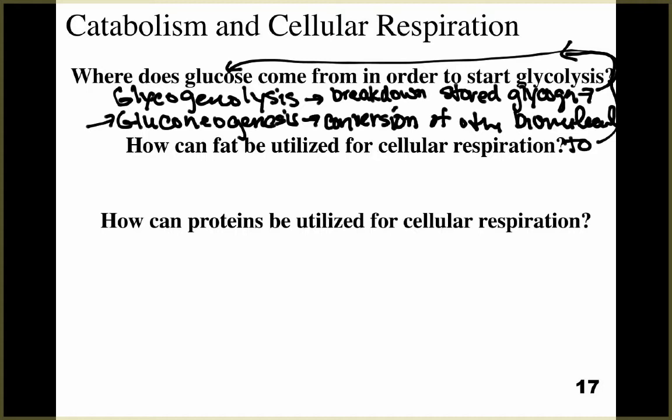Now, we don't just eat carbohydrates, we also use fat. And so fat can be used to basically make ATP. And so the process of breaking down fat is what's known as lipolysis.